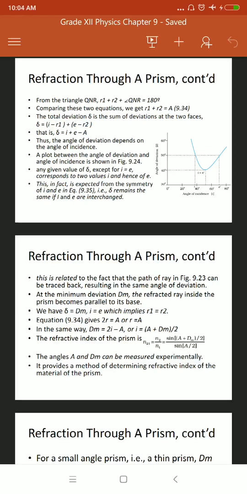So angle A and dm can be measured experimentally. It provides a method of determining the refractive index of the material of the prism.